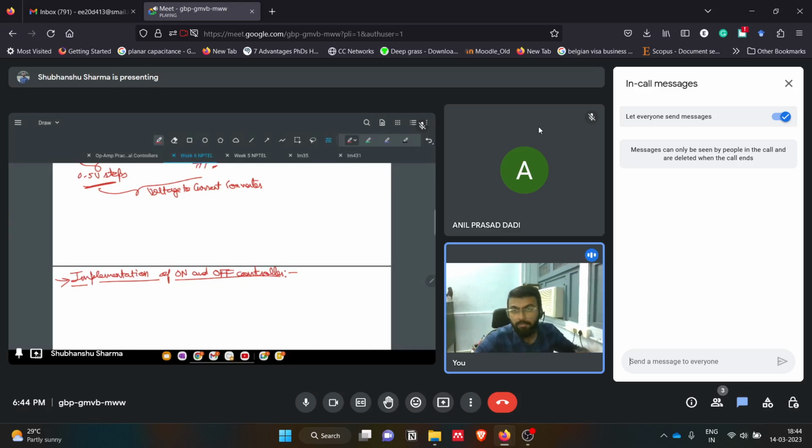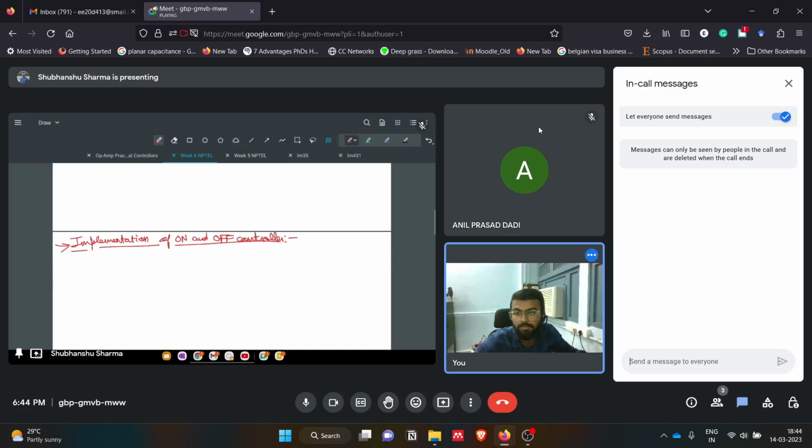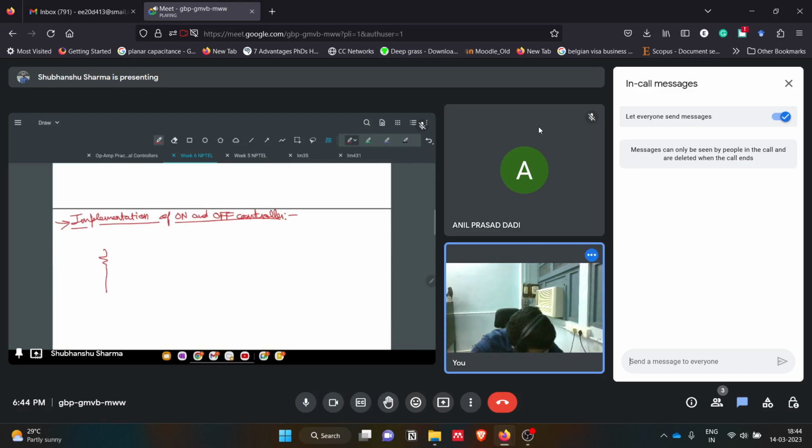When we talk about the on and off controller, in this case we used a Schmitt trigger, a circuit which works similarly to a Schmitt trigger. So what we did, we had an op amp like this, which was given input into its positive, non-inverting terminal, and the feedback was also given to the non-inverting terminal, that is this 100k.